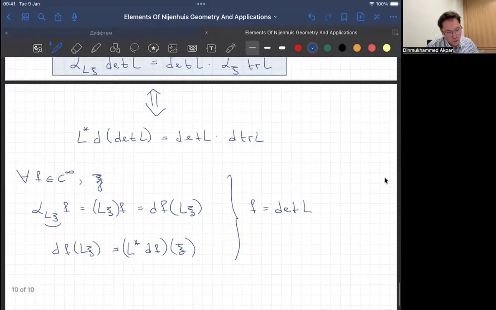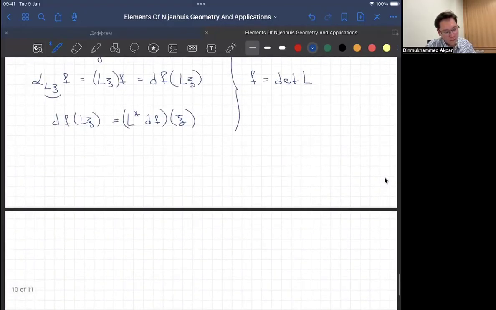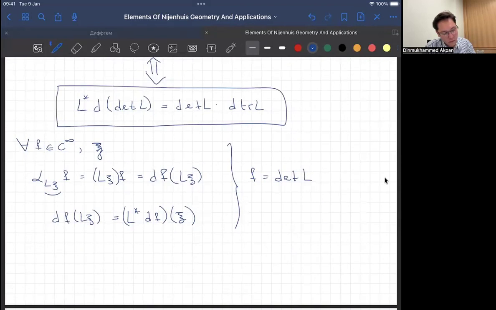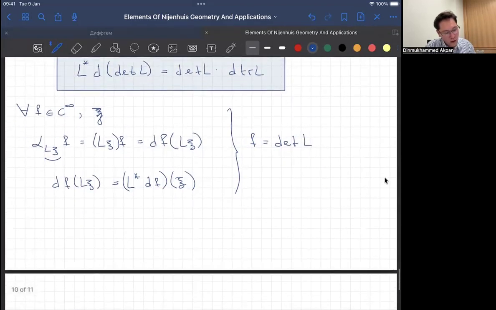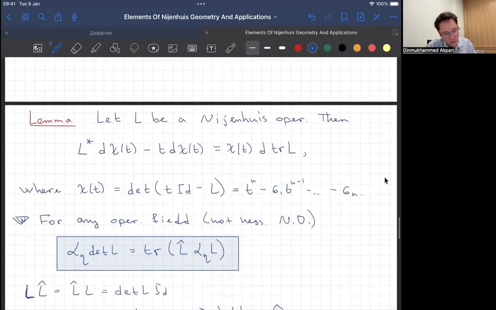Yes, our formula is true. And the final step is that from this formula, I want to get the formula that I claimed here.